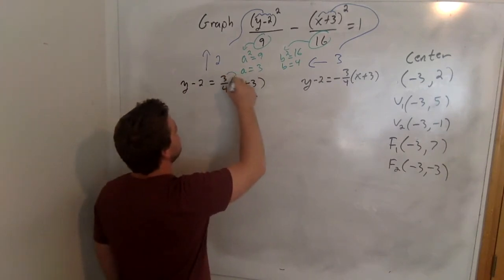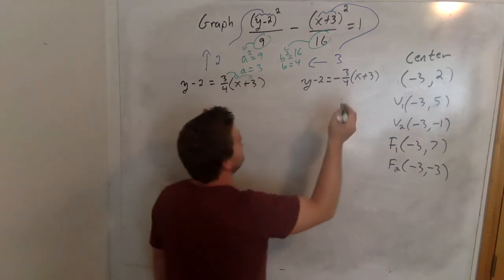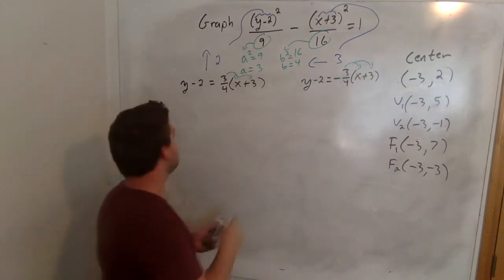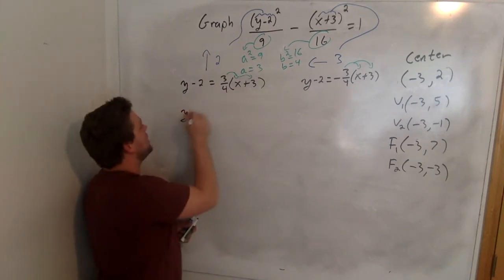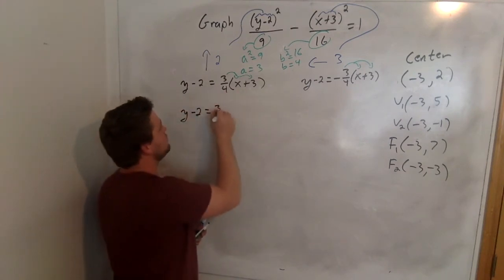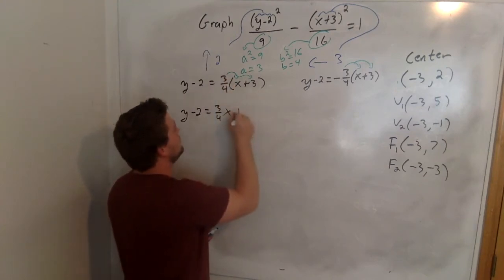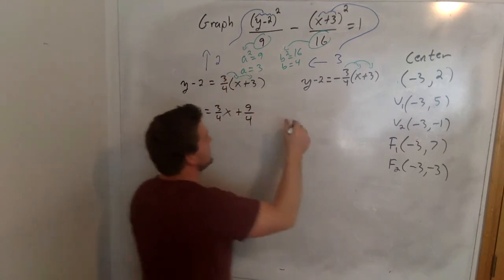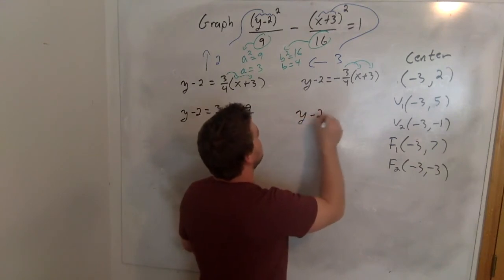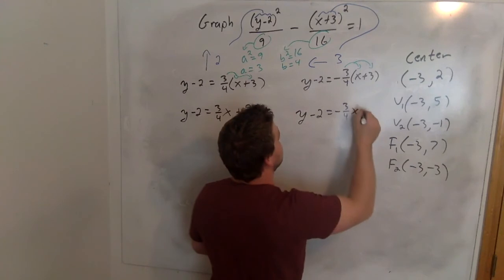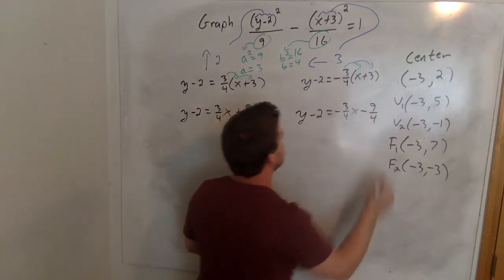So let's do that. Let's distribute in the 3/4. Maybe we'll do both these at the same time. Here we'll distribute in a -3/4. So we're going to get y minus 2 will be equal to 3/4 x. 3/4 times 3 will be 9/4. Okay, over here we'll get y minus 2 will be equal to -3/4 x and then minus 9/4.